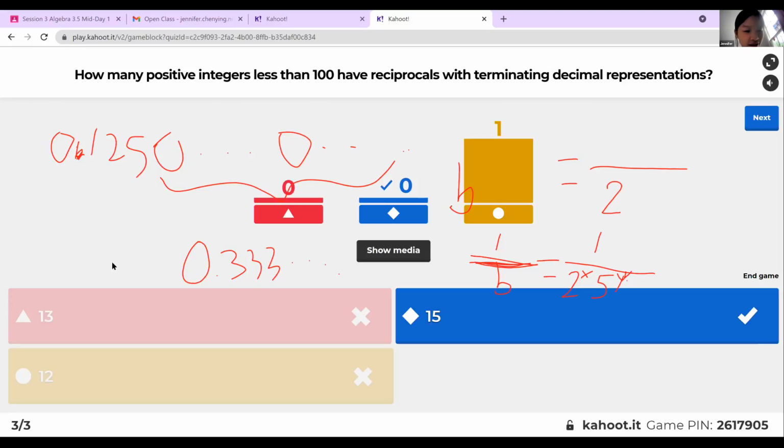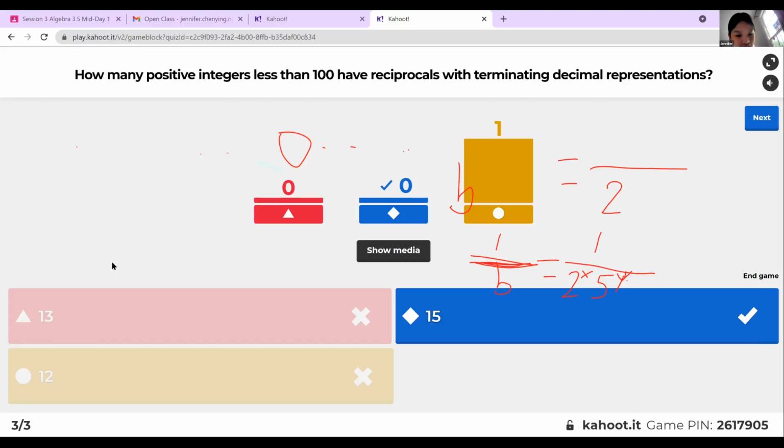And then what we can do is count how many are there for positive integers less than 100. That we could do casework on the power of y.